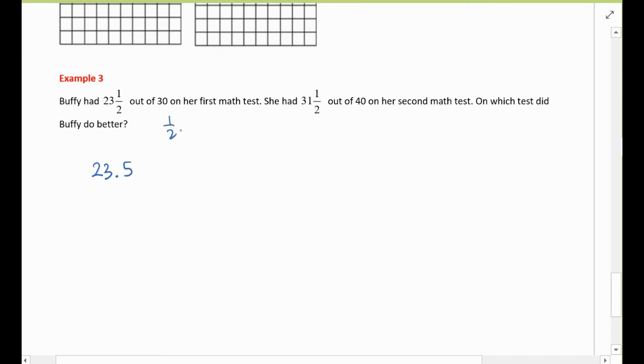Remember, everyone, 1 over 2 is 0.5. 23.5 out of 30. 31.5 out of 40. So I want you to change this to a percent and figure out which test is better. So pause the video and I want you to try this question. Go ahead, everyone.